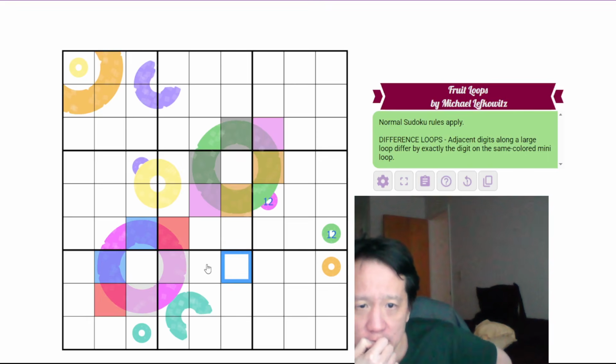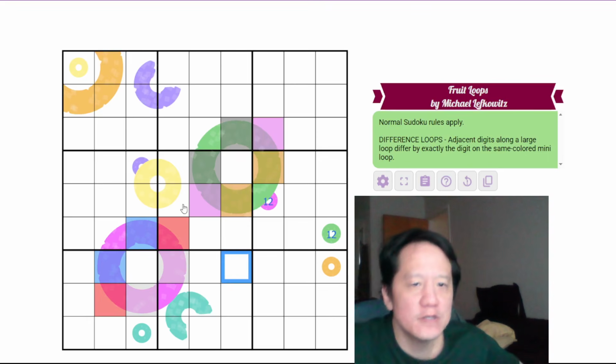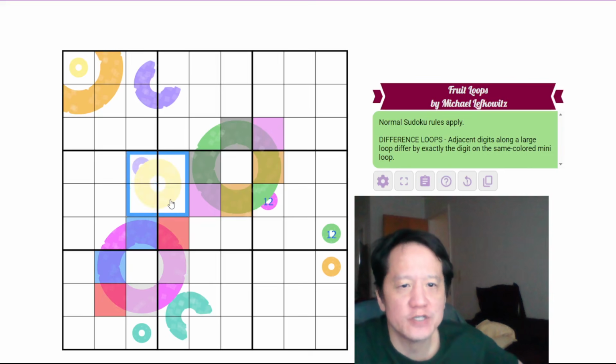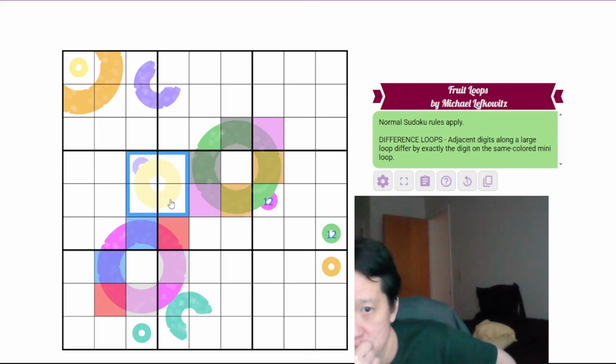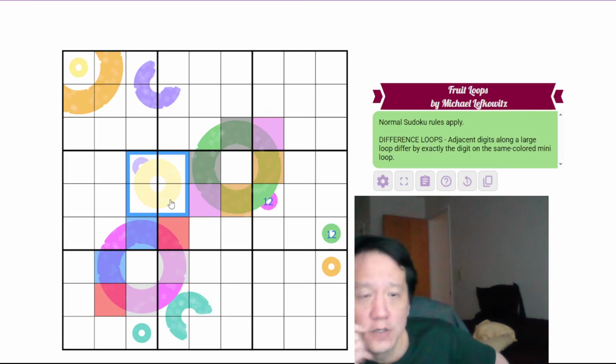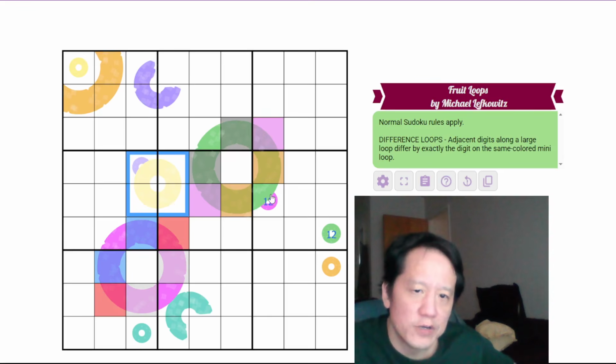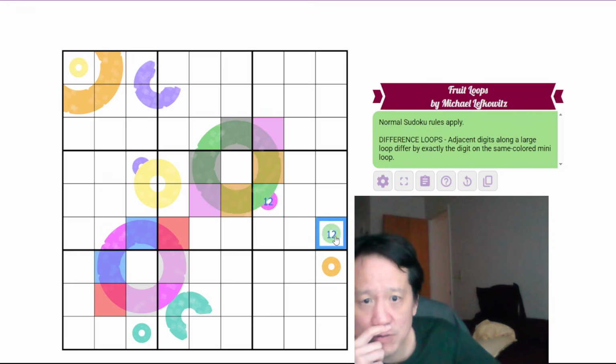Interesting. These can be sort of any combination, because it can be up to 8, essentially. So this is 1 or 2. If this is 1, this would have to be a 2 here.